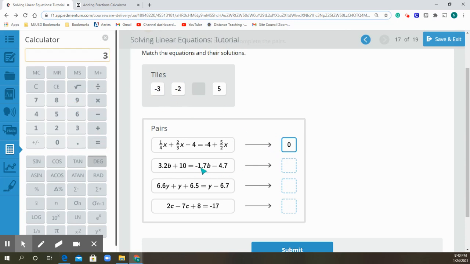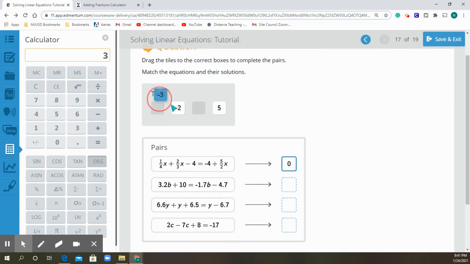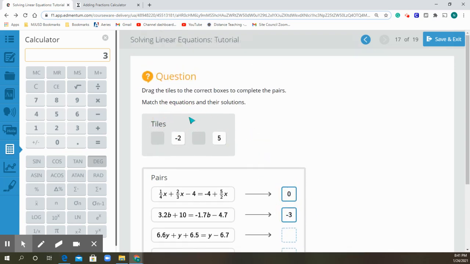It's a negative 3. I know that because it was negative 14.7 minus 10 to get rid of it. So minus 10, so that's going to be negative 14.7. So I know the answer is negative 3. Whew.